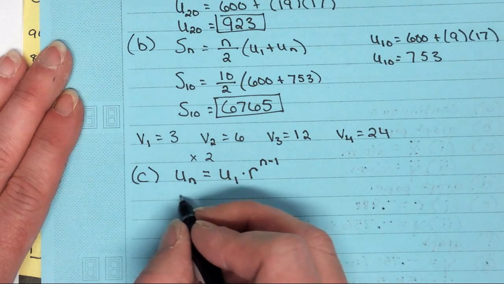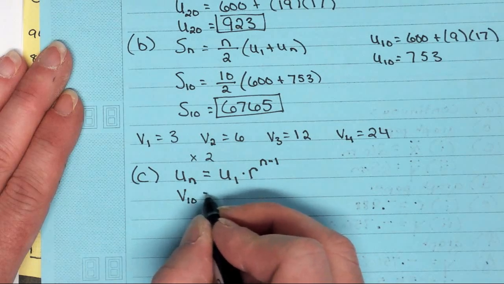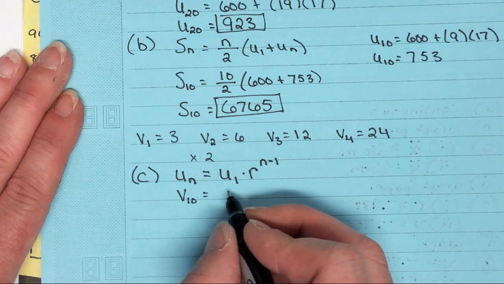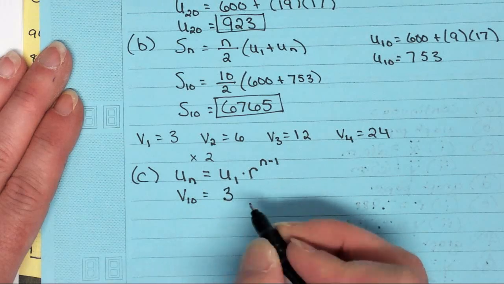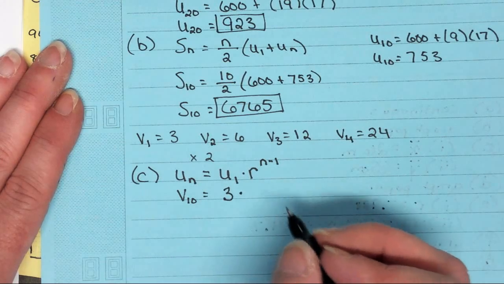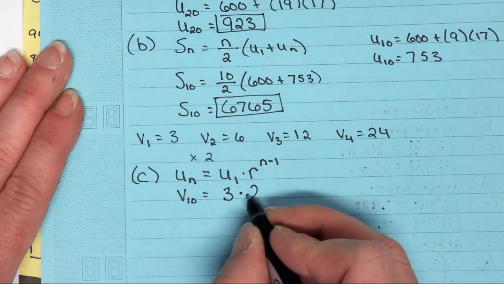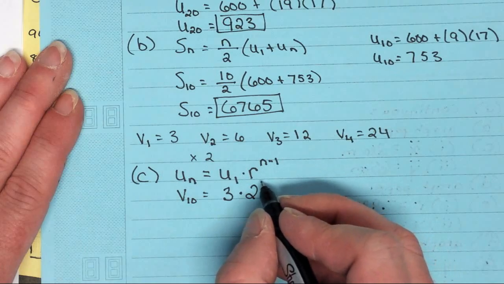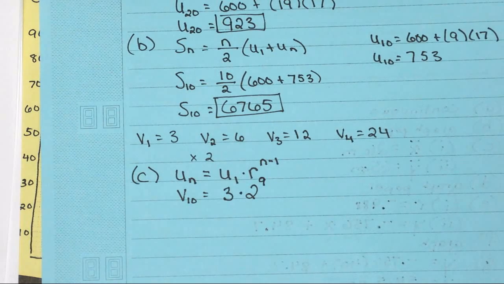Oh, we're using v, so I'll just change that to a v, that's okay. V sub 10 equals, what would be the first term? 3. What's r? The rate, so that would be 2, n minus 1. 9. 3 times 2 to the 9th.